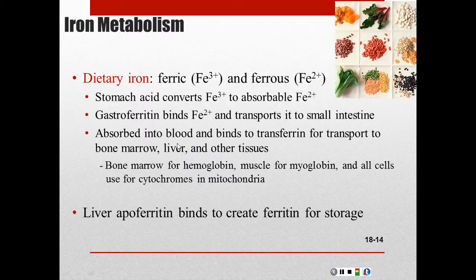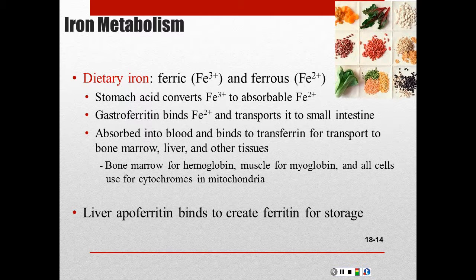Now, dietary iron may be ferric, which is Fe3, or ferrous, which is Fe2. Those are particular ions. The stomach acid converts ferric to ferrous, which is the only form that can be absorbed.